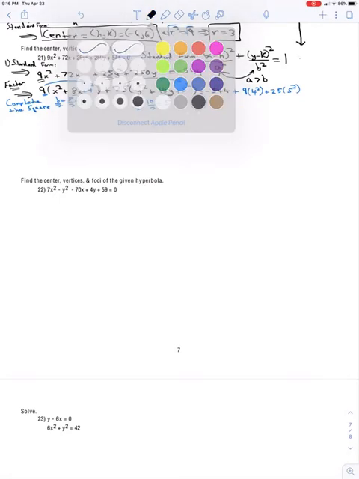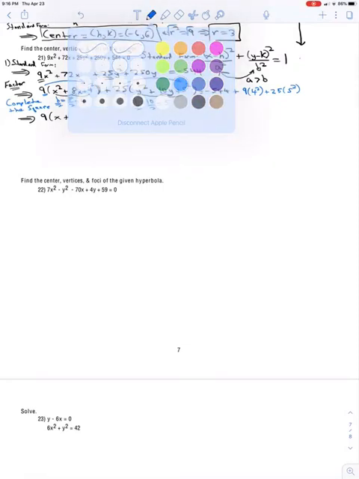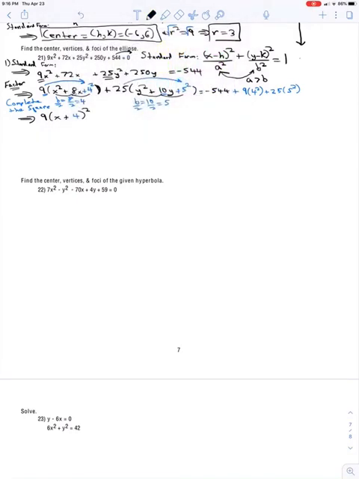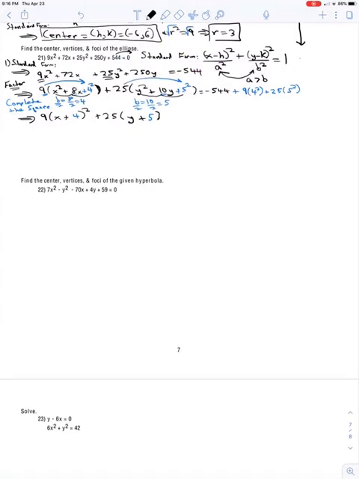So I want to create our squares. Now we have these new quadratic trinomials, and we can write them as a square. That implies we have 9 times x plus half of b, so x plus 4, squared, plus 25 times y plus half of b, which again is 5, so y plus 5 squared, equal to, and I start to simplify over here on the right side.